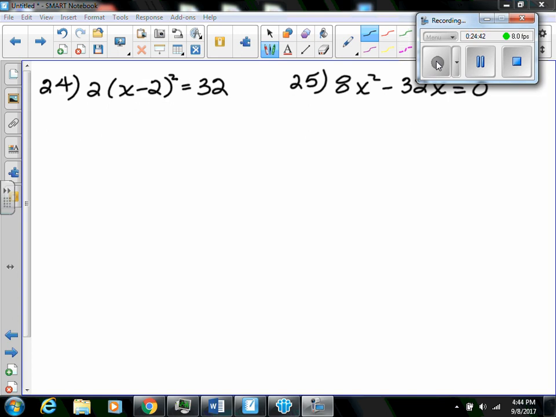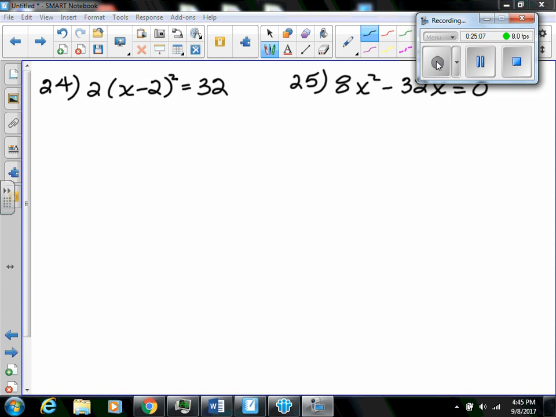But for number 24, this problem has 2 times (x minus 2) squared equals 32. So the first thing I need you to remember is that in this case, it's not going to be acceptable for you to distribute that 2 times the (x minus 2) squared. According to the order of operations, you would have to take care of exponents first before you could do your multiplication.